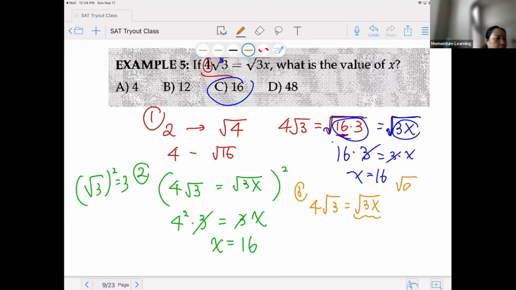Root a times b is actually root a times root b, and in reverse, it can be the same thing from right to left. So you can split the a and the b, or you can combine them. So this one is basically √3 times root x, and the left one is 4 times √3. So √3 and √3 can cancel, and then you can solve this very quickly. Square root x equals 4, then of course x equals 16.